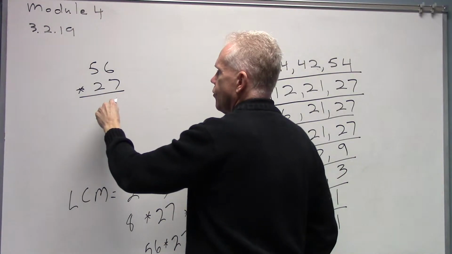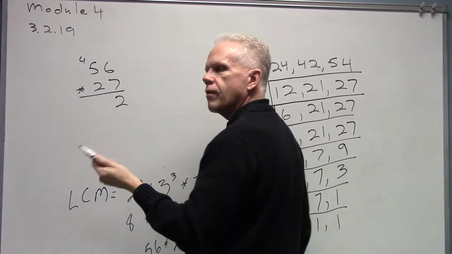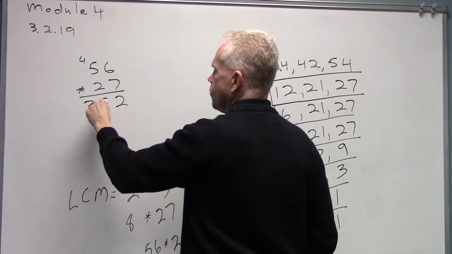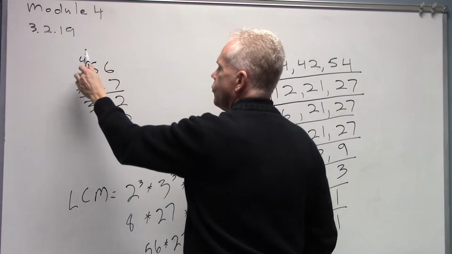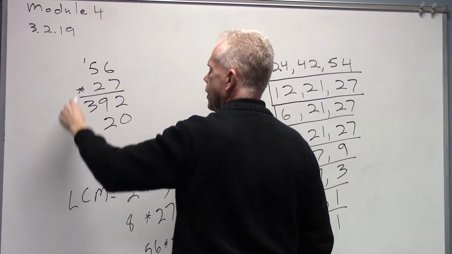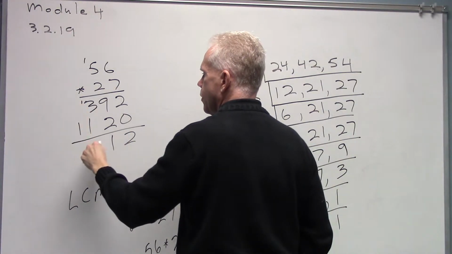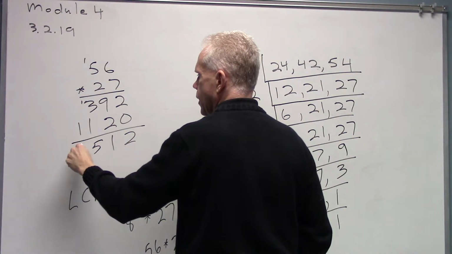But 7 times 6 is 42. Carry a 4. 7 times 5 is 35. 35 and 4 is 39. Let's bring down that 0. 2 times 6 is 12. Carry a 1. 10, 11. So we got a 2. We got an 11. We carry a 1. We get a 5. And we got a 1.